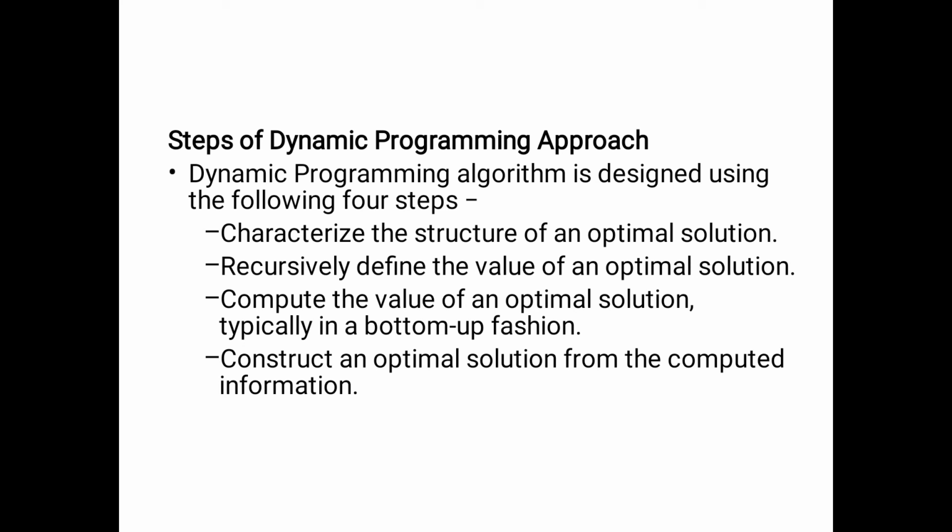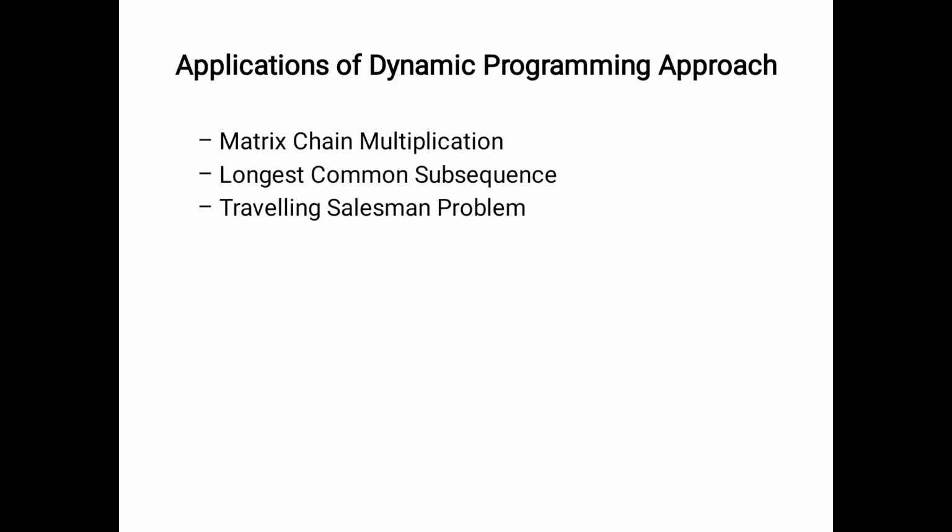First, characterize the structure of the optimal solution. Next, recursively define the value of the optimal solution. Next, solve the problem in a bottom-up fashion, considering the optimal solution using dynamic programming. These are the applications.